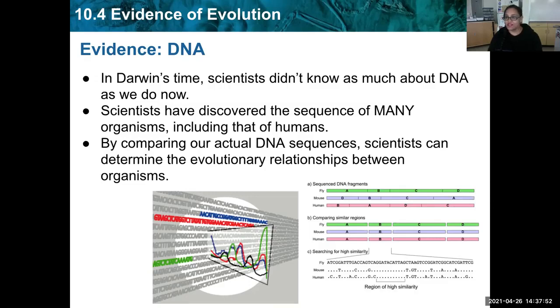The chimpanzee is our closest living relative, and we share 98% of our DNA in common. I think it's a little more than 98, 98.4 or something. And that 2% that's different, scientists know exactly which sequences those are and what they do in humans versus chimpanzees.